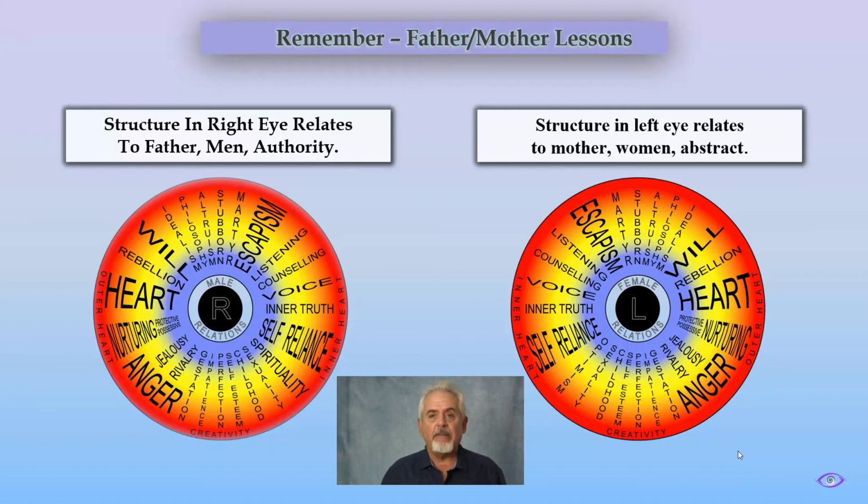Whereas patterns in the left eye have to do with the feminine, the mother, our creativity, abstract, conceptual thinking, that which we cannot prove, and which increases our trust and ability to commit and things like that.